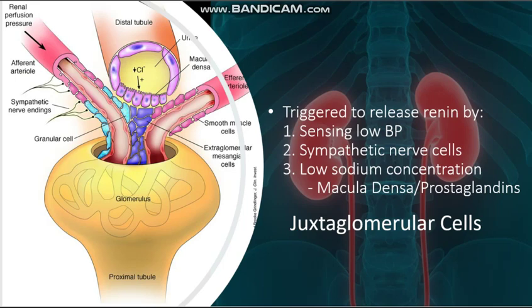By the time the filtrate gets to the macula densa cells, there's a low concentration of sodium, letting the cells know that there is a low blood pressure and it needs to be raised. So the macula densa will then release a local messenger called prostaglandins that then act on the JG cells, and the JG cells release renin.